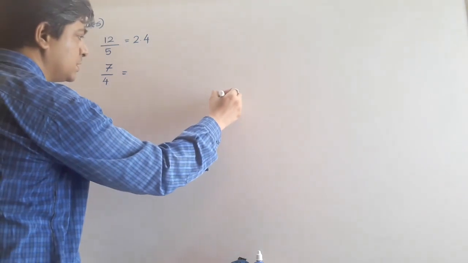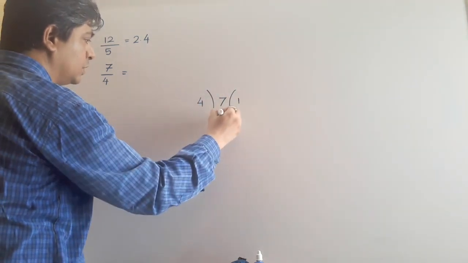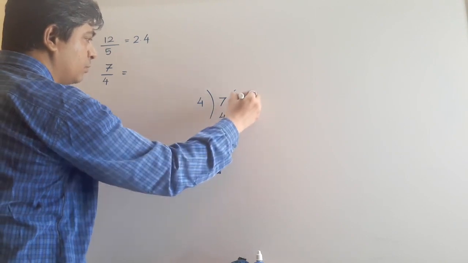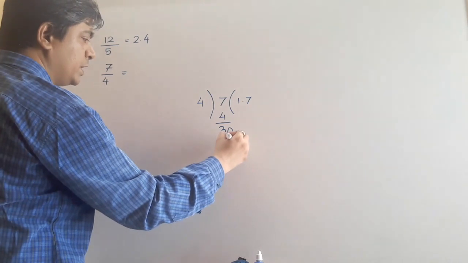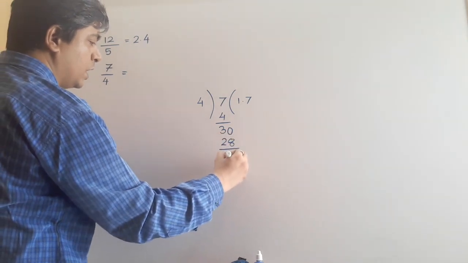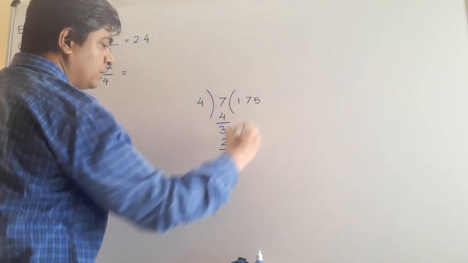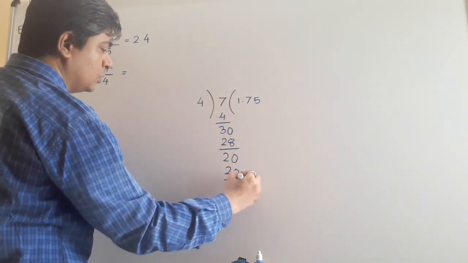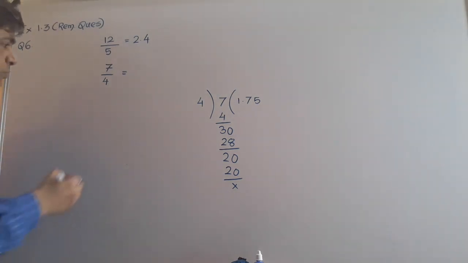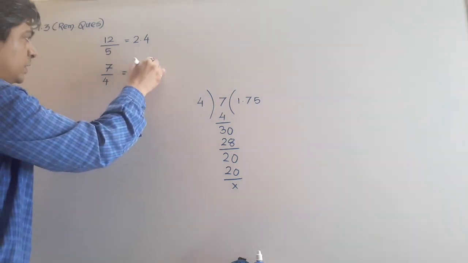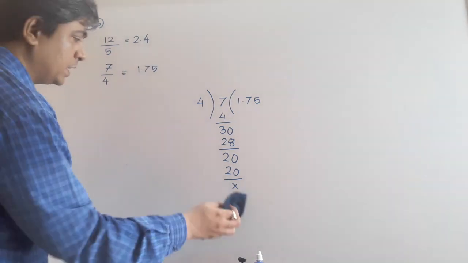If I divide 7 by 4, 4 ones are 4, remaining is 3, put a point, then 0. 4 sevens are 28, remaining is 2, and then again comes 0. 4 fives are 20. See here also the remainder is coming 0. So this value is equal to 1.75, and it is also a terminating decimal.